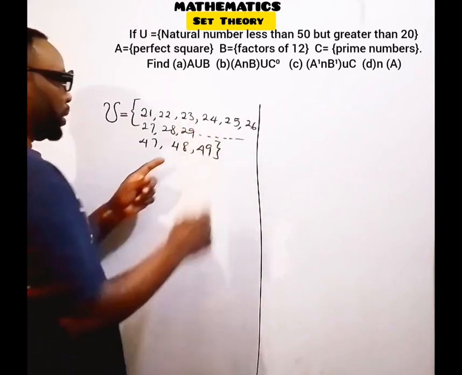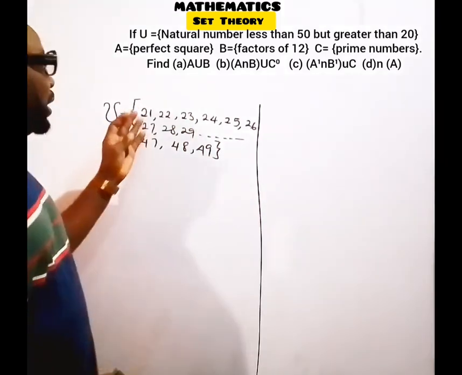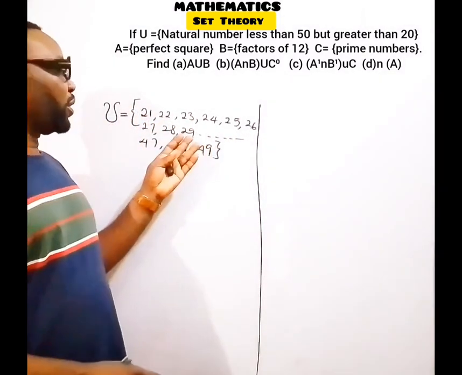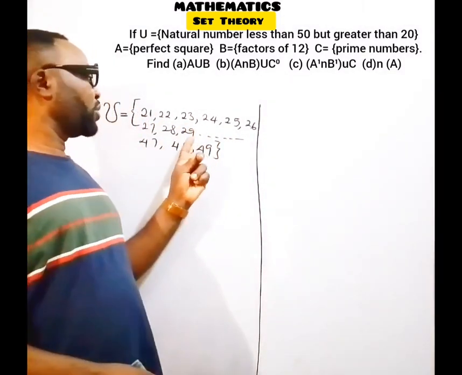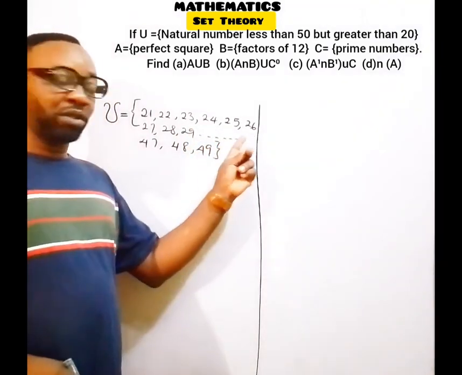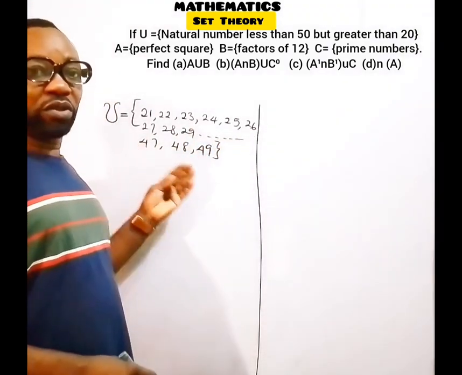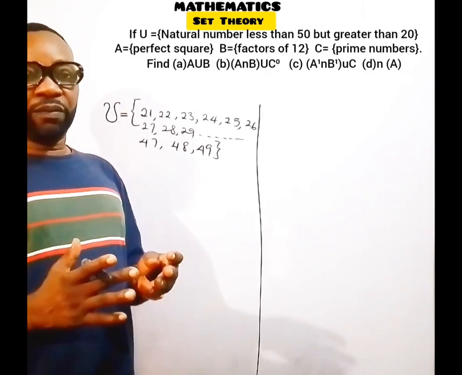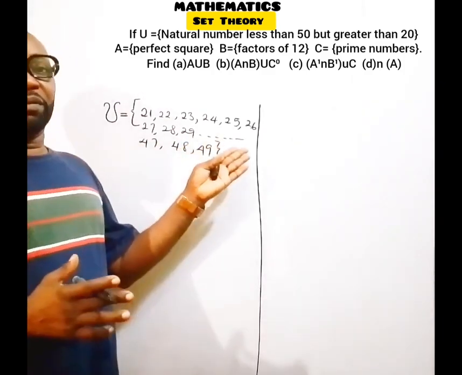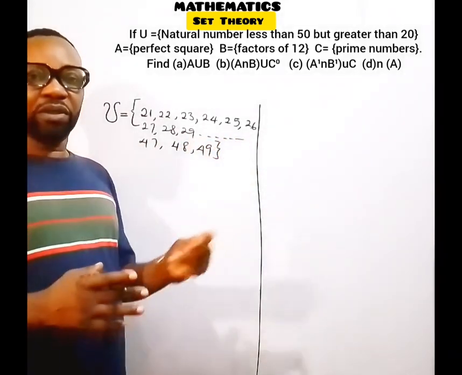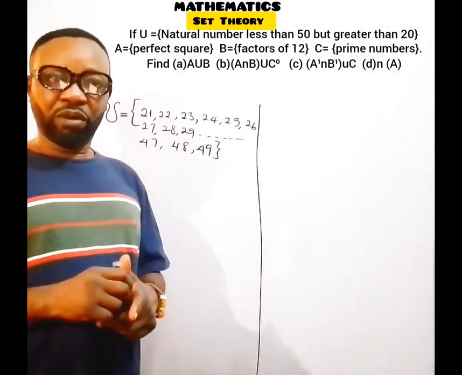So it's going to stop at 49. That is the universal set. What this means is that you are going to have numbers like 30, 31, 32, 33, 34 as it gets to 47 as well. In order for us to save space, that is why I put the dots there. I think you all understand what I'm doing right now.